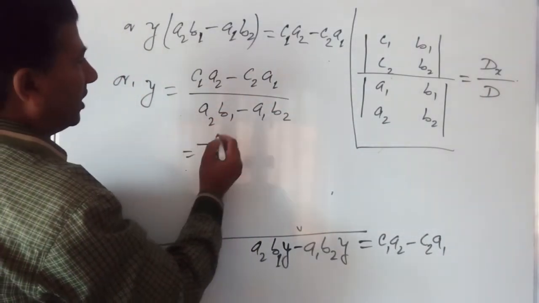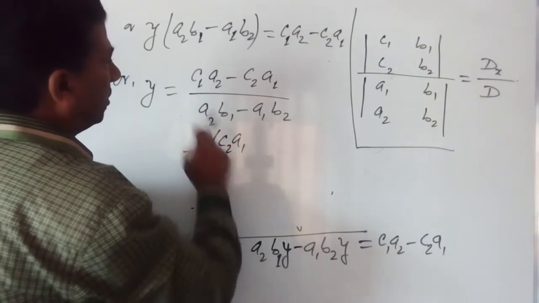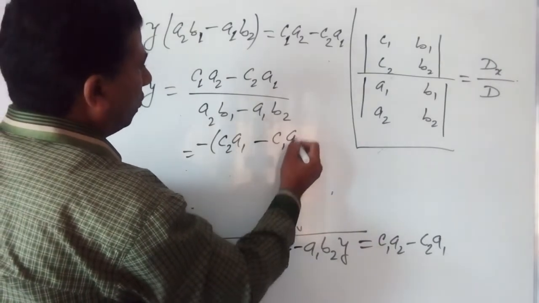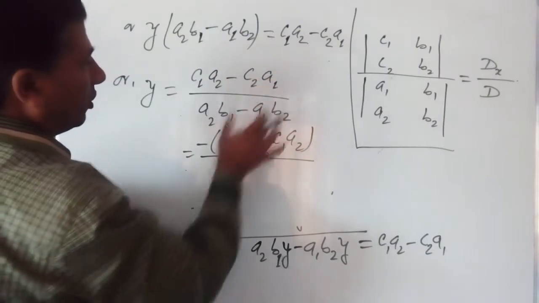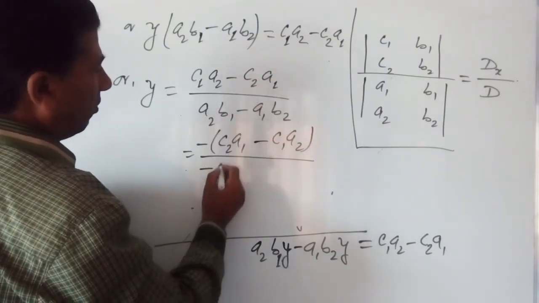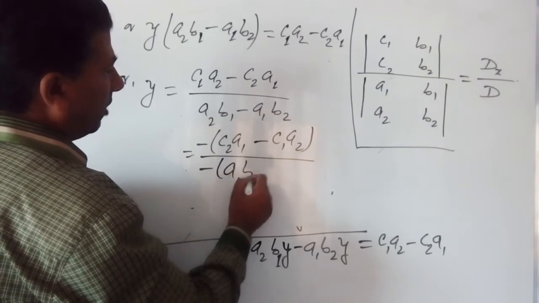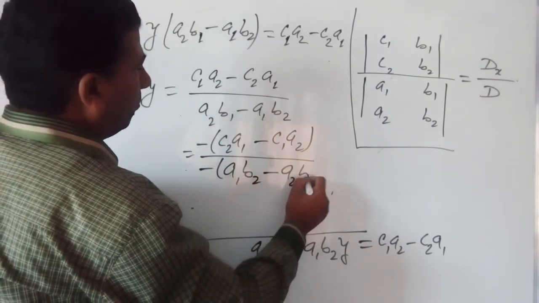When you take minus sign common, it will be c2 a1 minus c1 a2 in the numerator, and in the denominator also, a1 b2 minus a2 b1.